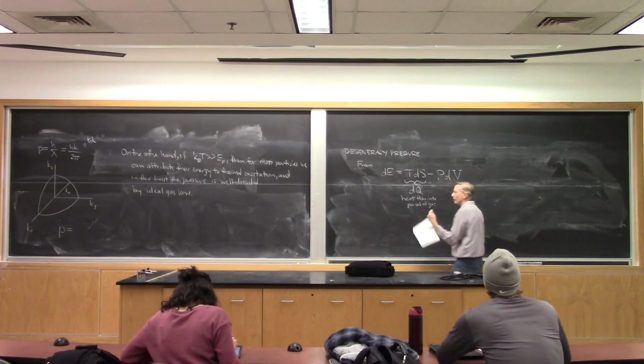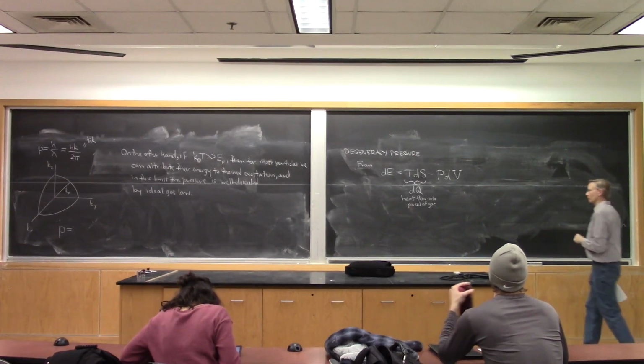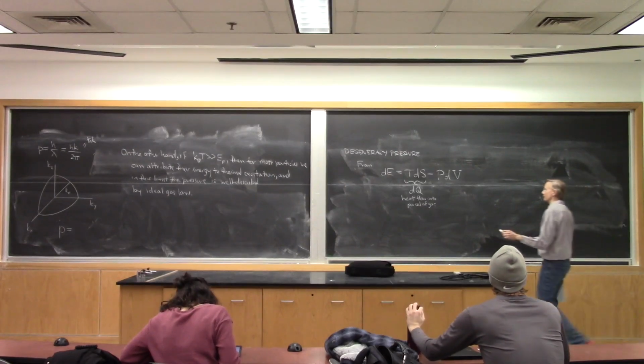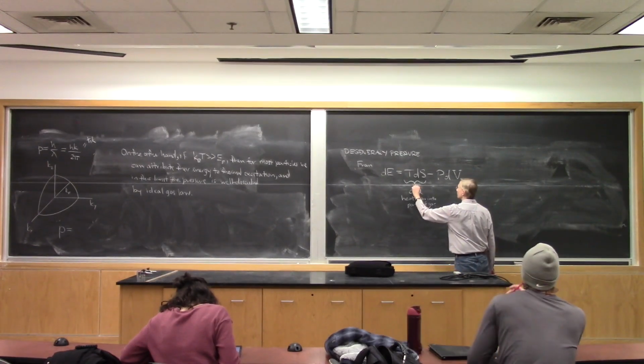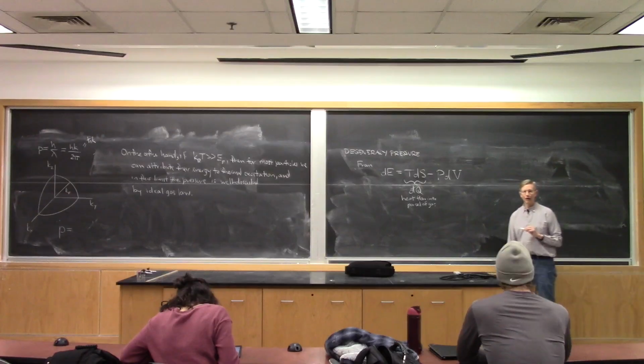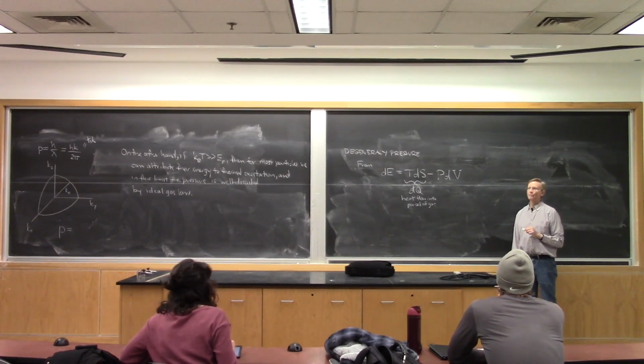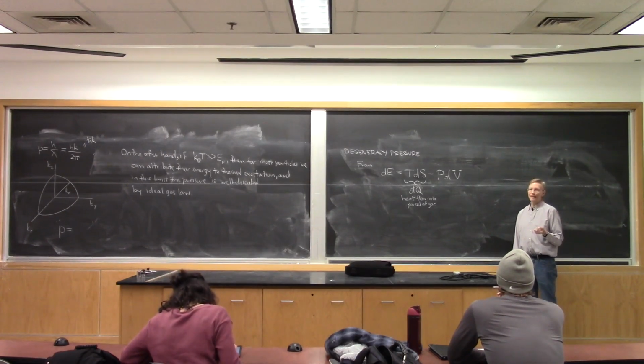So if I have a little parcel of gas, or whatever, TdS is the heat flow in. Sometimes you put a little crossbar on it to say that it's an imperfect differential, because Q is not a state function.